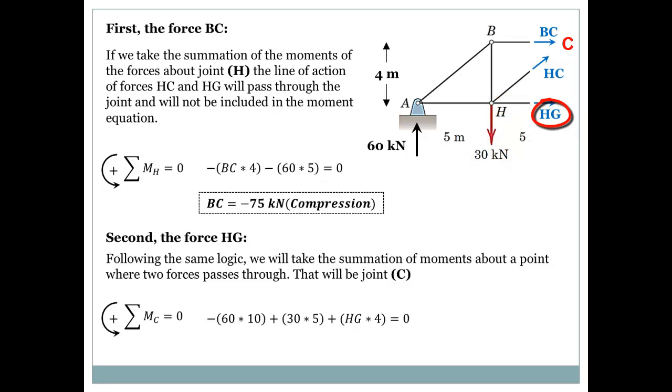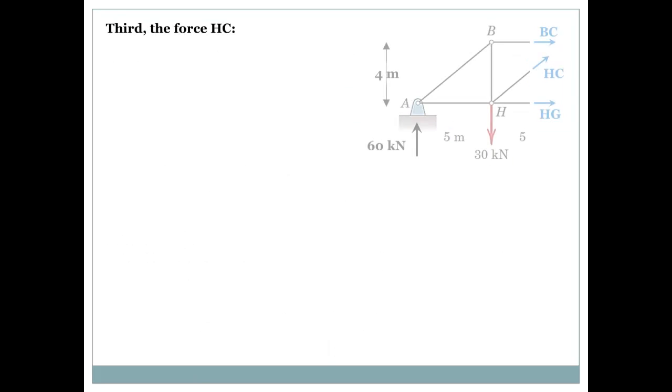Then HG times 4, and it's counterclockwise, so it's positive. Now if I solve for HG, I will find it to be 112.5 kilonewtons, and since it's positive, it will be in tension. Now we have 2 out of 3, one more to go.